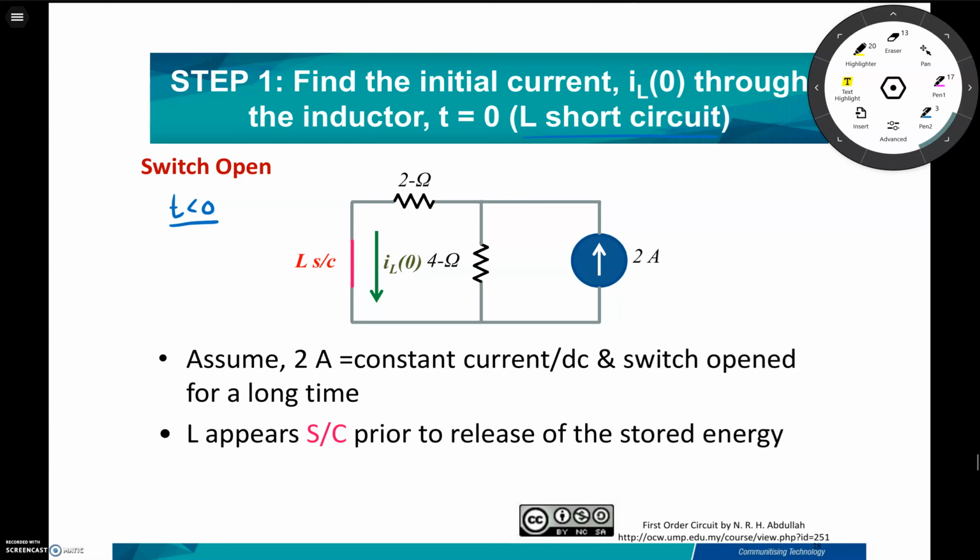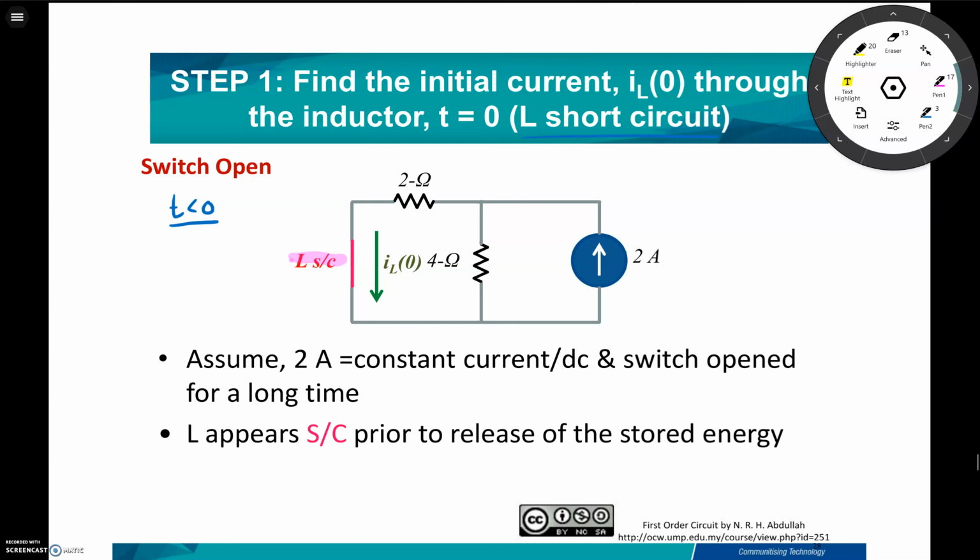So this is the circuit for t less than 0. You can see that the L is short circuit, and then the circuit is only left with the 2 ohm and 4 ohm in parallel with the current source.